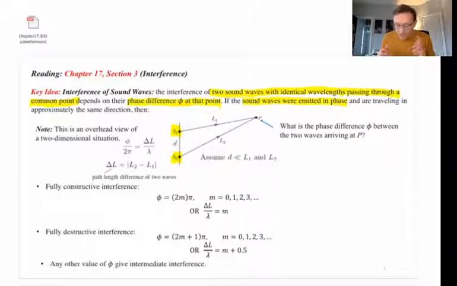And we're going to assume, it doesn't have to always be this way, by the way, but let's assume for now that the two sources are in phase with each other. What does that mean? That means that the sound waves emitted from S1 are exactly lined up with the sound waves emitted from S2. When the pressure wave coming out of S1 is a maximum, the pressure wave coming out of S2 is also a maximum. Now they're emitting these sound waves out in all directions.